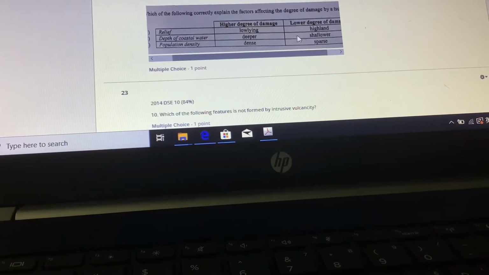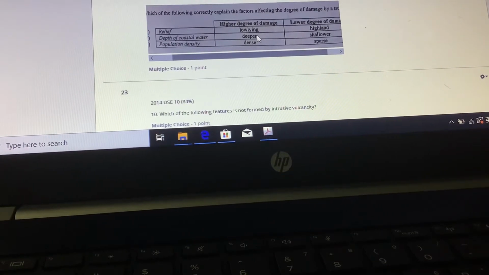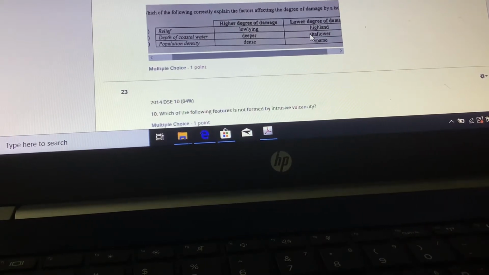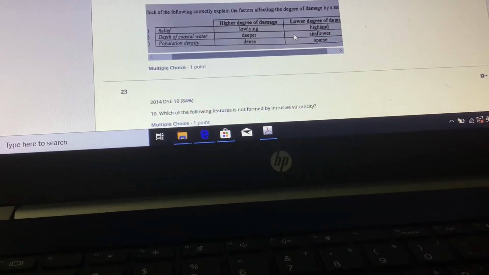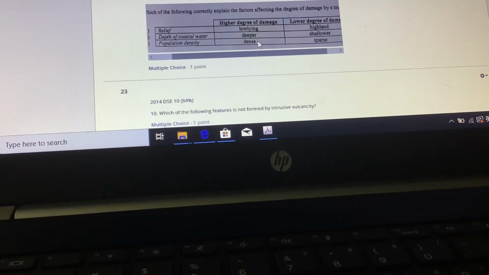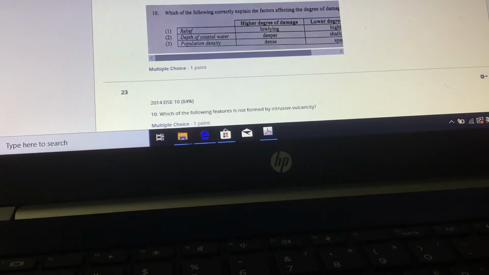Because deeper depth, lower degree. If the coastal water is shallower, all the wave is forced to the water surface, and it makes a great wave. Okay, how about population density? This one is correct. So is it 1 and 3 only?